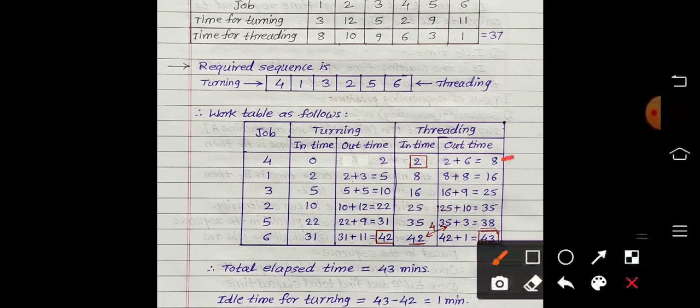Now you remember this number is 8 and the next number is 5 in the case of the first machine. Whichever is the maximum time, that we enter in the next, that is 8. Suppose here at the place of 5 there is a 9, then we place 9 here. But in the case of 5 and 8, 8 is maximum. So we enter 8.